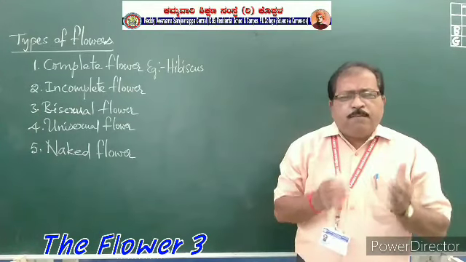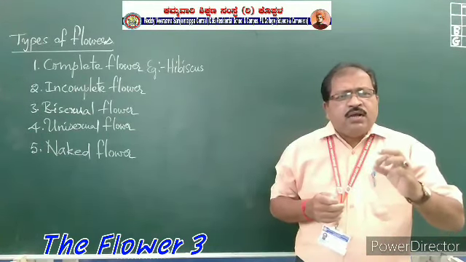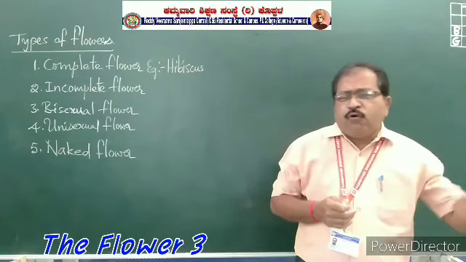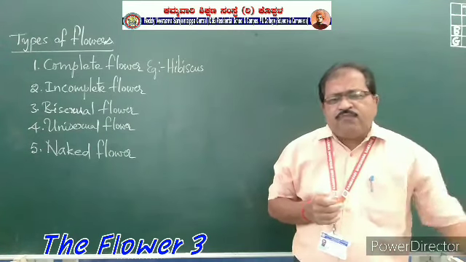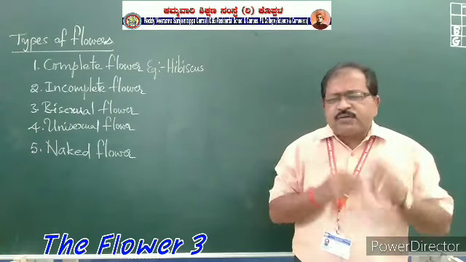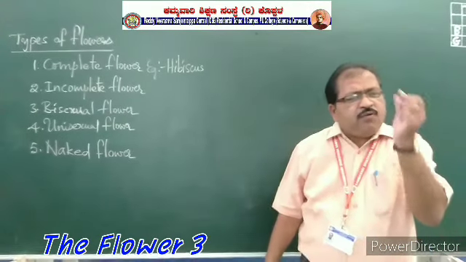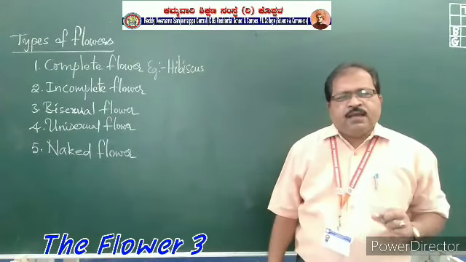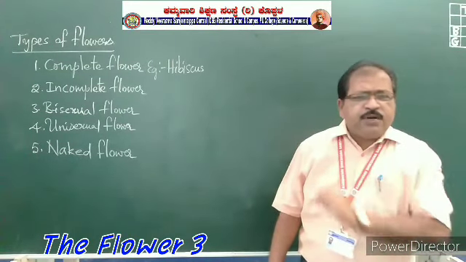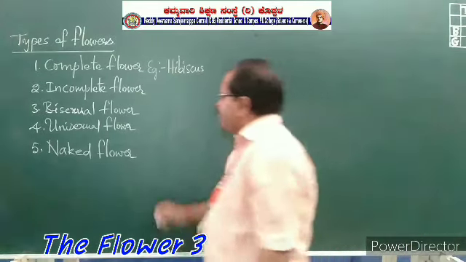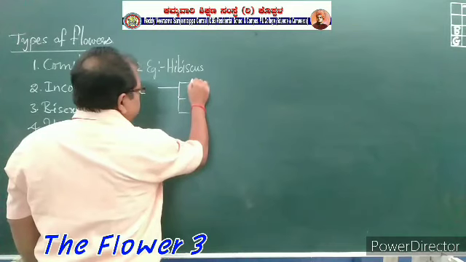So the flowers which are missing any one of the four floral parts, or in which any one part may be non-functional, are called incomplete flowers. Based on which part is absent or non-functional, these incomplete flowers are of three types once again.